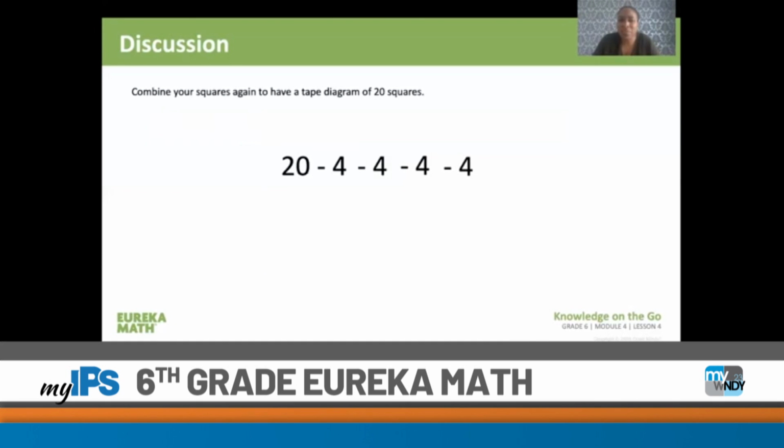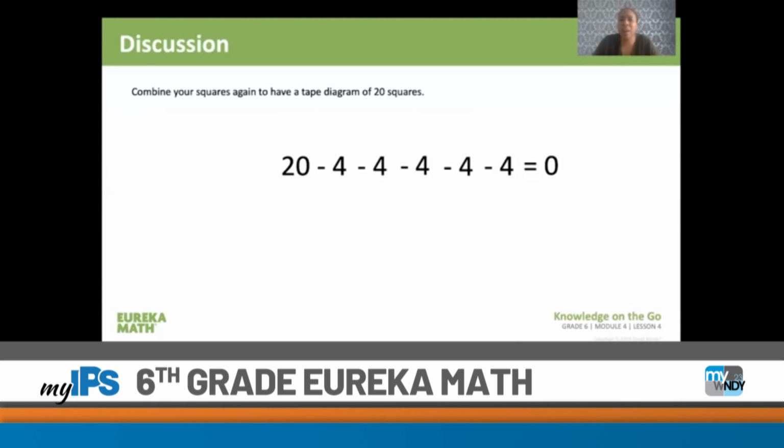How many are we left with? 0. Good. Let's alter our expression to reflect what we just did with our square tiles. 20 minus 4 minus 4 minus 4 minus 4 minus 4 equals 0.